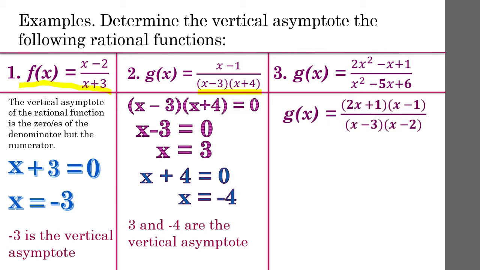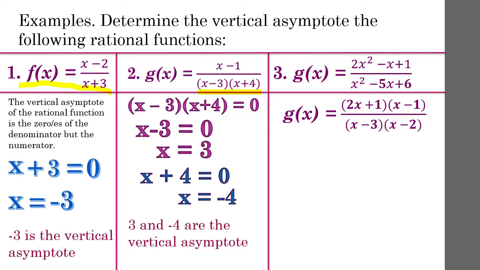Factoring both the numerator and denominator, we have 2x plus 1 and x minus 1. So 2x and x are the factors of 2x squared. Then the factors of 1 are 1 and negative 1.